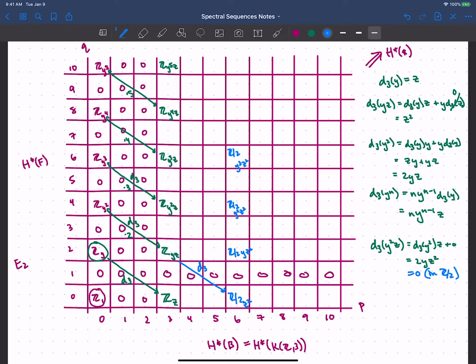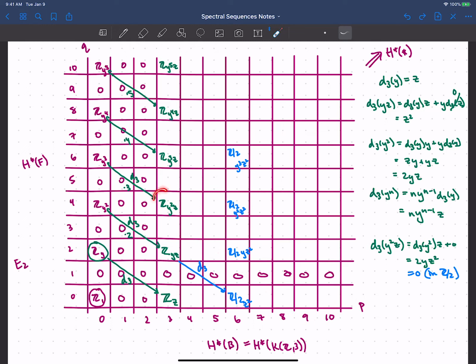Okay, so it turns out this spot doesn't support a D3 differential. This differential is 0. The next differential is a D4. That's definitely 0. And so the next differential is a D5, and that's really our last chance because D6 would take us out of that first quadrant.